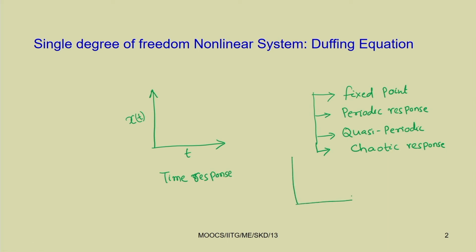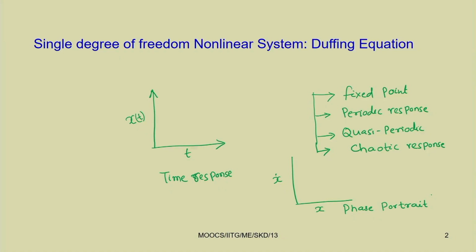In case of phase portrait or state space, generally we plot x versus x dot, that is the displacement versus velocity. Using this displacement versus velocity we call it the phase portrait. Also we may plot the Poincare section. By using this Poincare section also we can characterize.